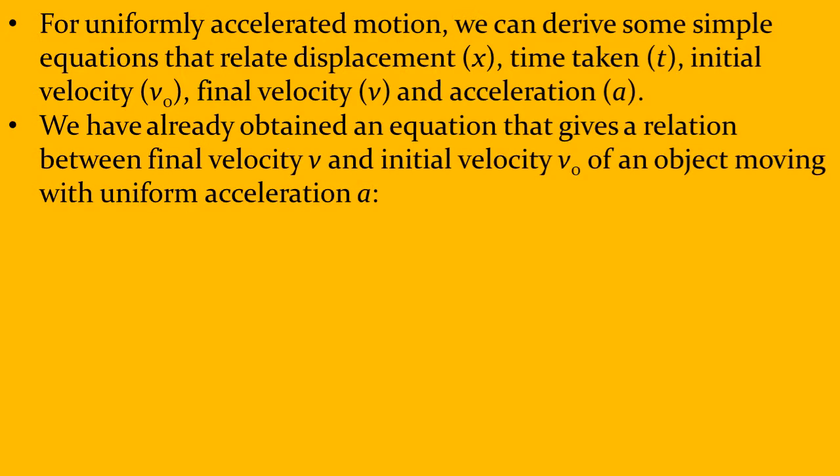We have already obtained an equation that gives a relation between final velocity v and the initial velocity v0 of an object moving with a uniform acceleration a. And we know this relation as v is equal to v0 plus at.